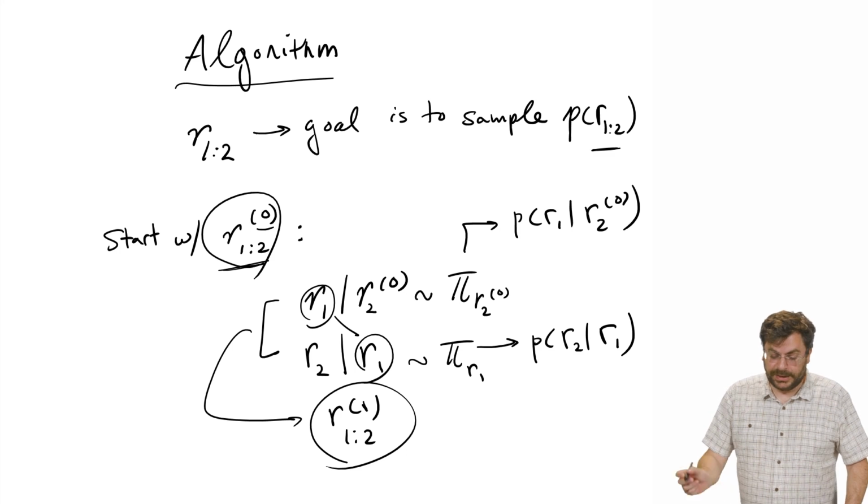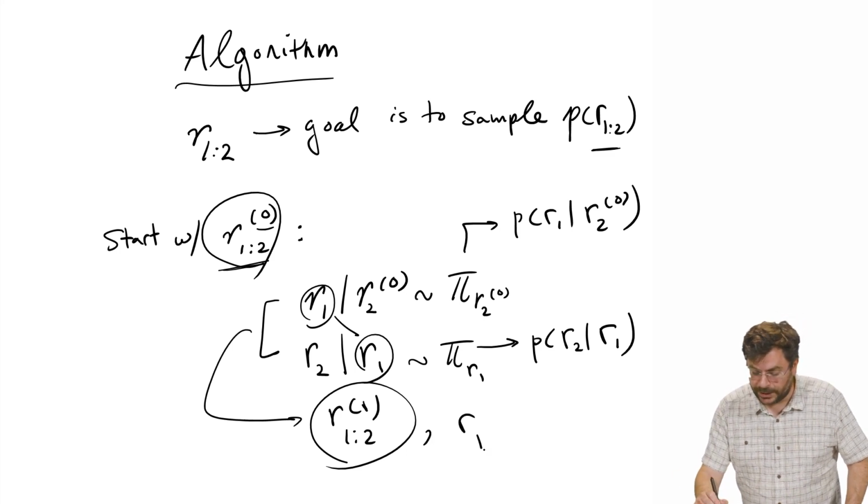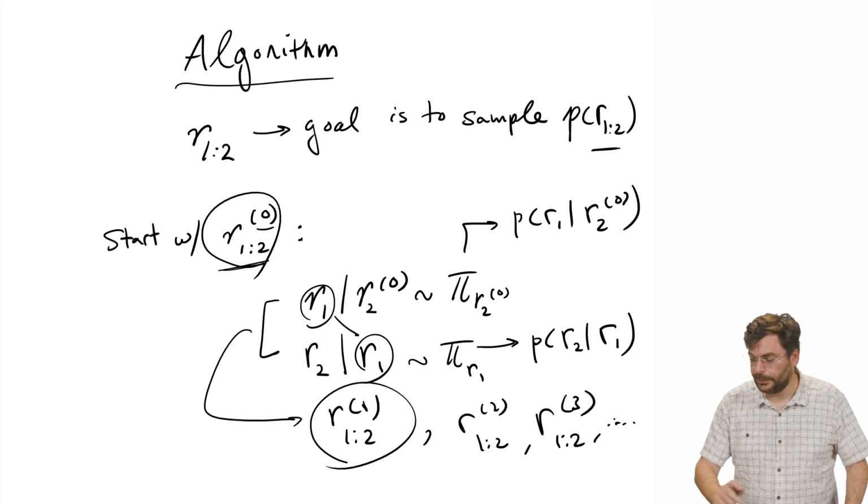And then afterwards, we can keep on iterating in order to obtain other pairs, R1, 2 two, R1, 2 three, and so on and so forth. Now, the idea is that, of course, this is not limited to a two-dimensional distribution. You can do this for an arbitrary m-dimensional distribution.